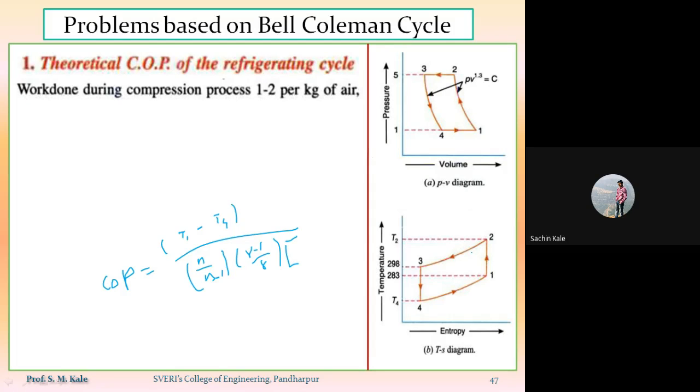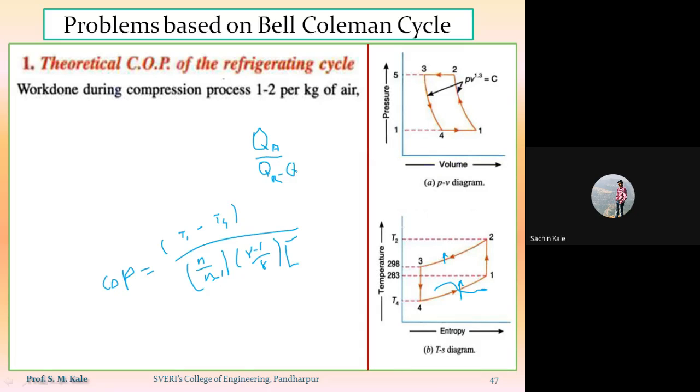Here you have to only observe the TS diagram. By observing the TS diagram you are able to find this formula, because the heat absorption takes place during process 1 to 4 and the heat rejection takes place during process 2 to 3. In general, the formula of COP is QA divided by QR minus QA.